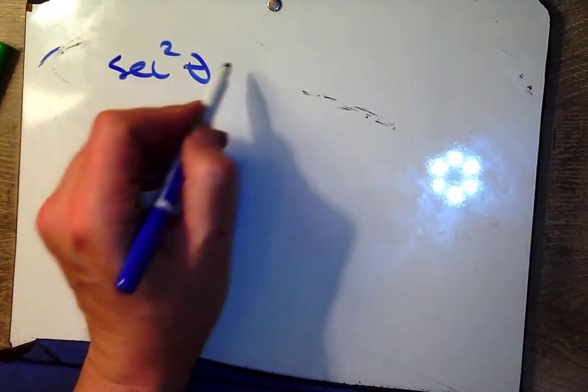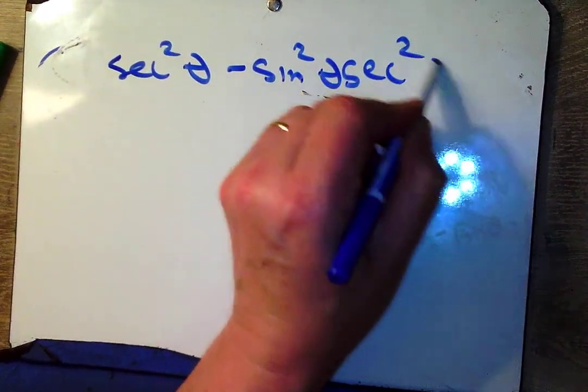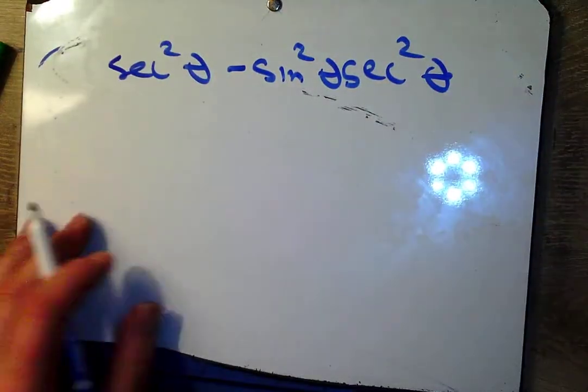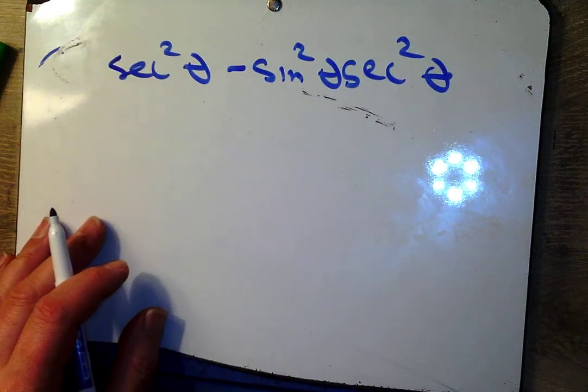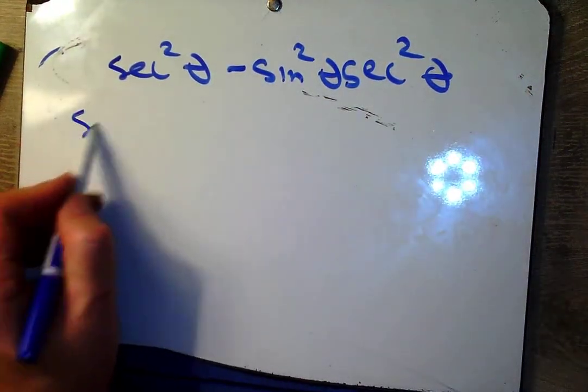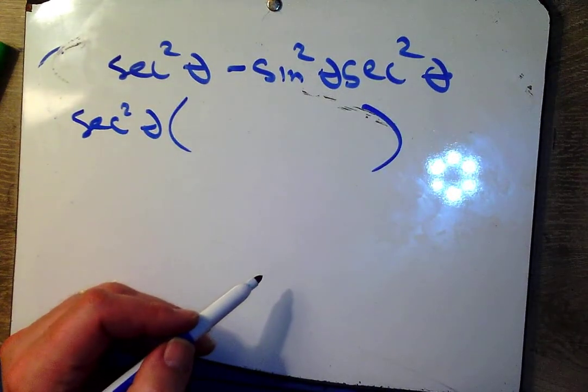Secant squared theta minus sine squared theta secant squared theta. The directions I have here say factor and simplify. I think it's pretty easy to do that. Okay, did you take out a secant squared? When you took out a secant squared, what were you left with?